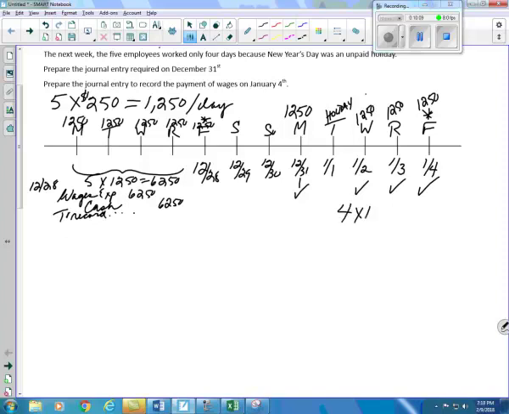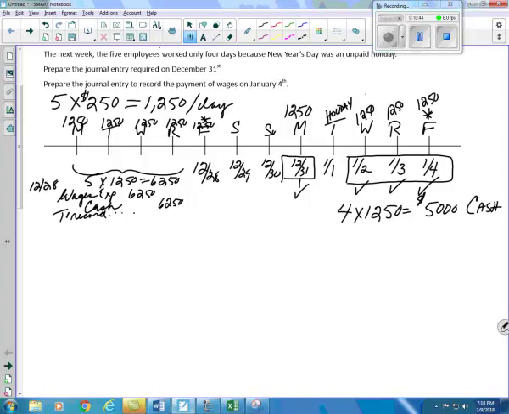4 times $12.50 is equal to $5,000. So we're going to pay them $5,000. Okay? So that's going to use our cash. No doubt about that. Well, only 3 days are an expense of this year. Only these 3 days are in this year, and this day was an expense that we recorded last year.